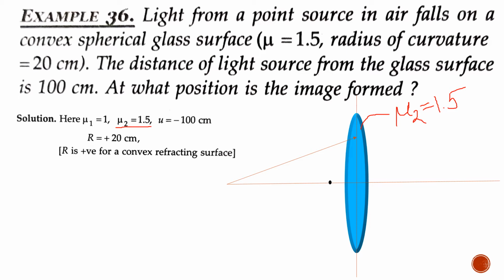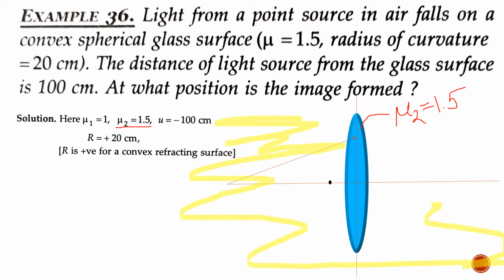Now they have not mentioned anything about the surrounding medium. In such questions, where they have not mentioned the surrounding medium, you have to presume that the surrounding medium is air.